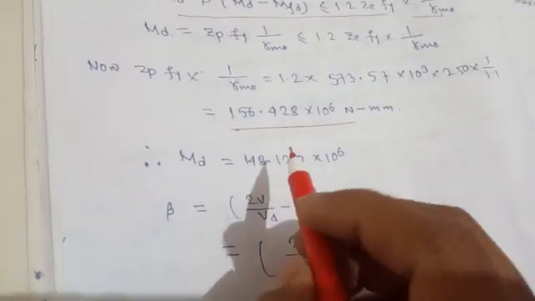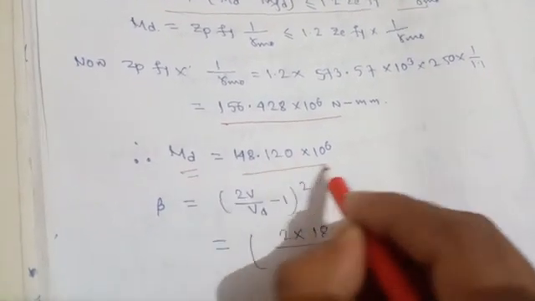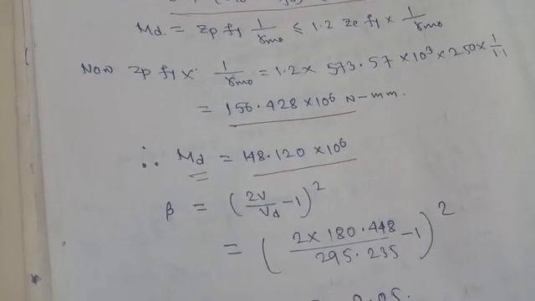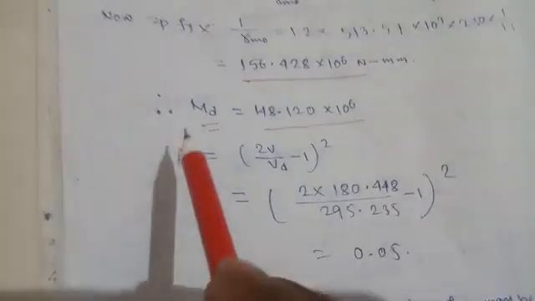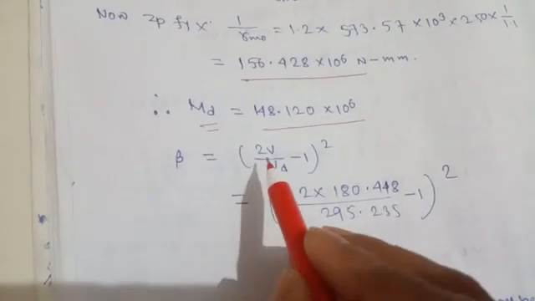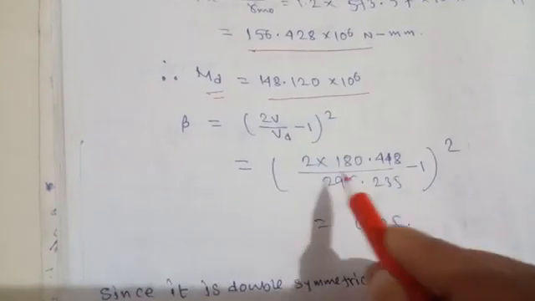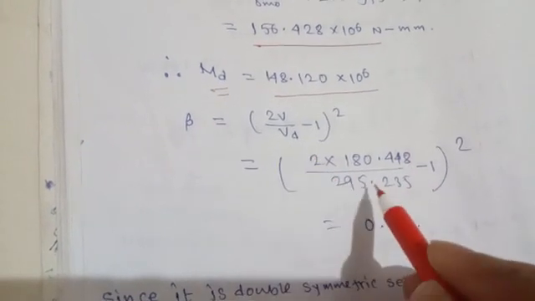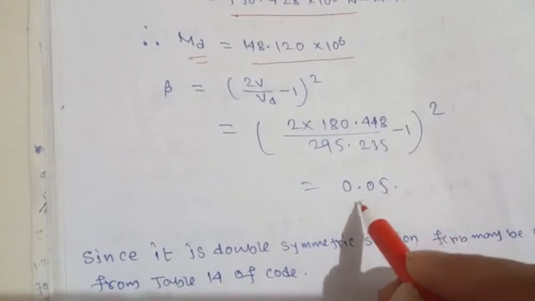Md is 148.120 into 10 to the 6. Then we find beta equal to (2V by Vd minus 1) squared, and putting in the values, we get this value.